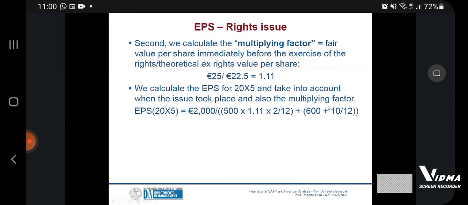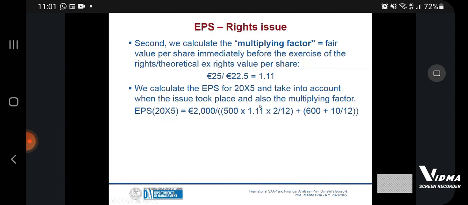It's basically the same stuff that we explained even before. We start with 500 shares, which are outstanding for 2 months only, because on 1st of March we are issuing the rights. So we multiply 500 shares by the weighted period, 2 months out of 12 months of the year, but also don't forget the multiplying factor, 1.11, that is here.